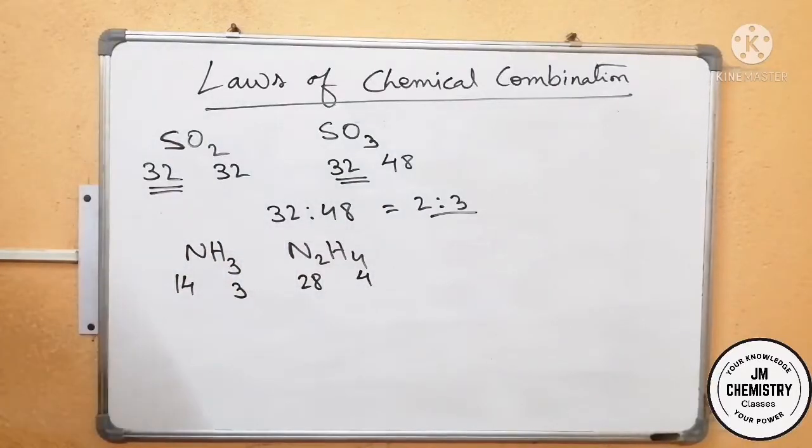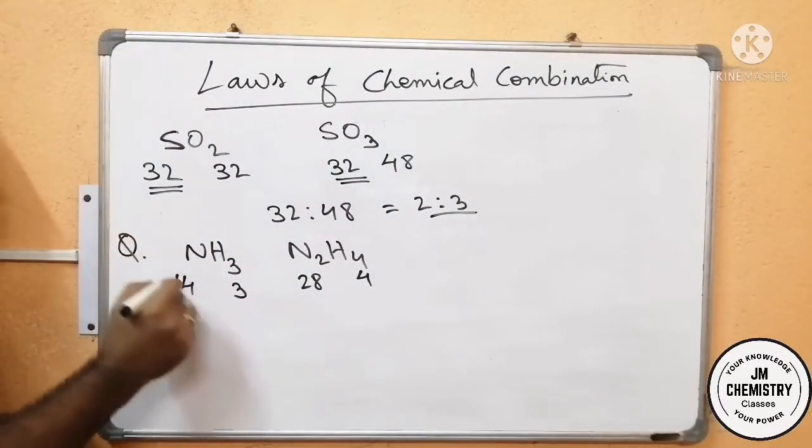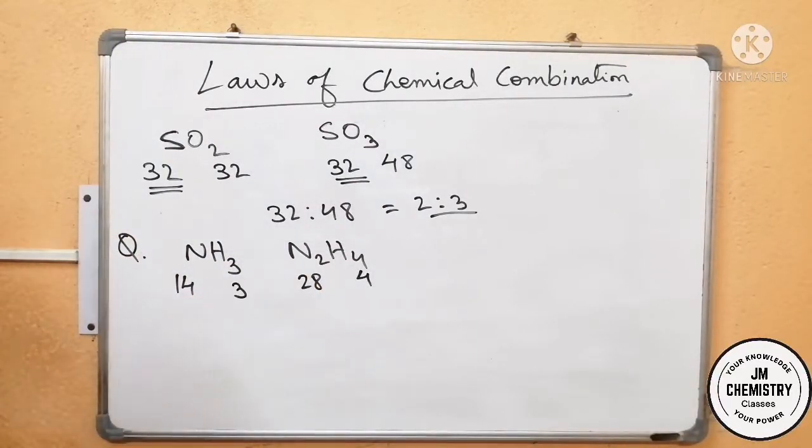In this particular problem, the amount of nitrogen is not the same, and the amount of hydrogen is also not the same. So we have to make them the same.